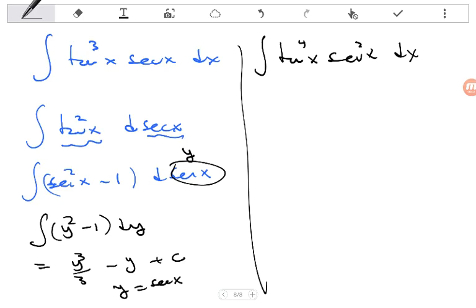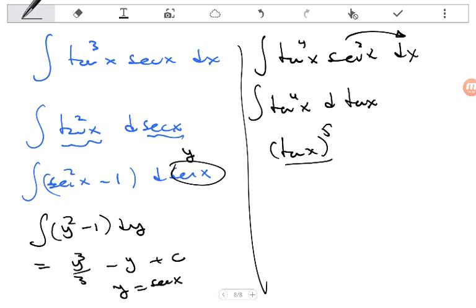Even power for the sec. So how should I deal with it? I just take sec squared after the d. Now this is tan power 4x d tan x. This is already solved, which is tan power 5 over 5 plus c, because this is the integration of y power 4 dy.